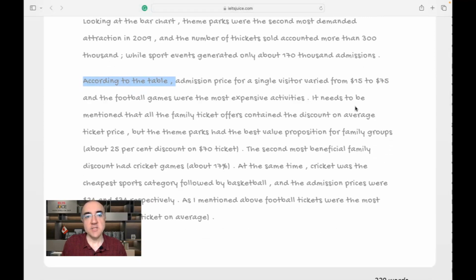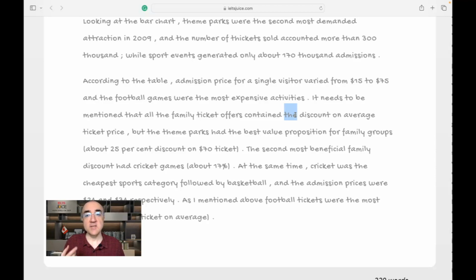It needs to be mentioned that all the family ticket offers contained the discount on average. All the family ticket offers, that's a noun, not a verb. Which discount? This is not correct referencing. This is the first time I'm introduced to any sort of discount.